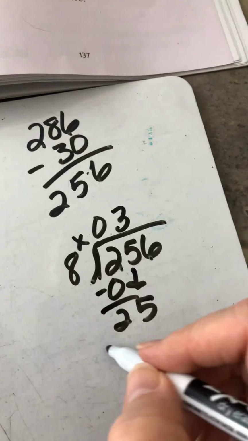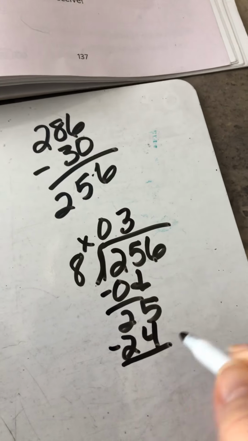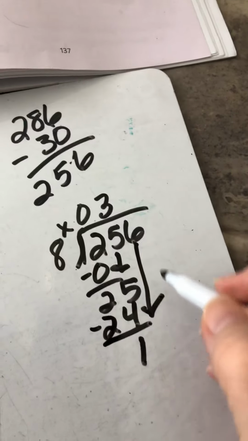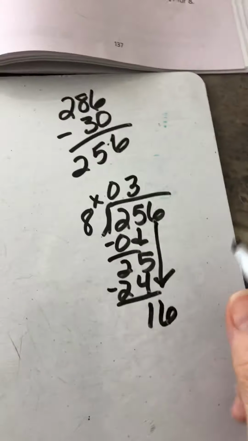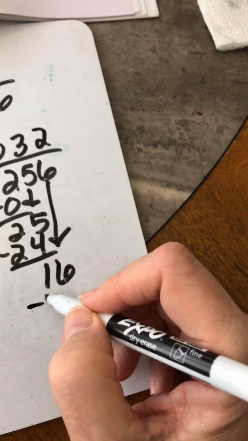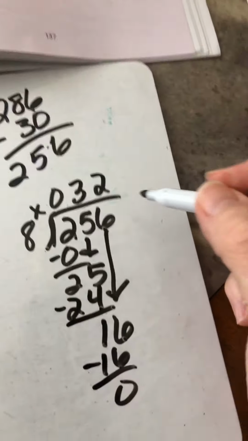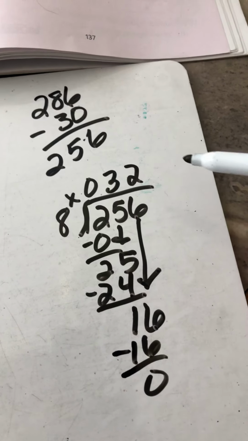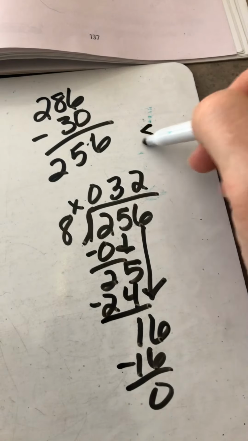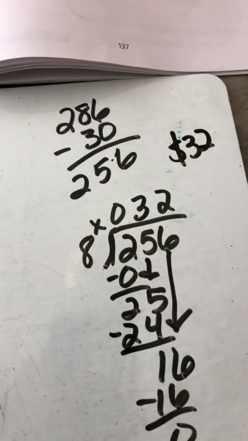Well, 3. 3 times 8 is 24. 25 minus 24 is 1. Bring down my 6. 8 times what gets you to 16? 2. So she sold the rest at $1 for 8, so she would have made $32.